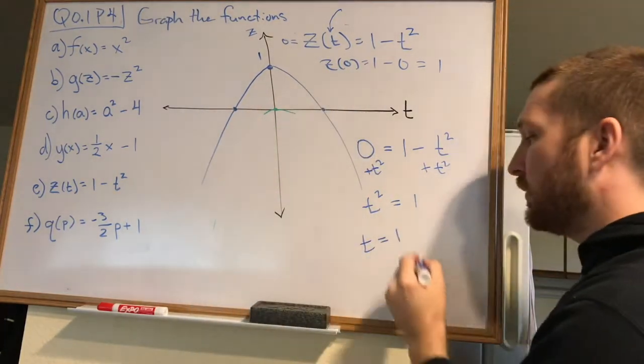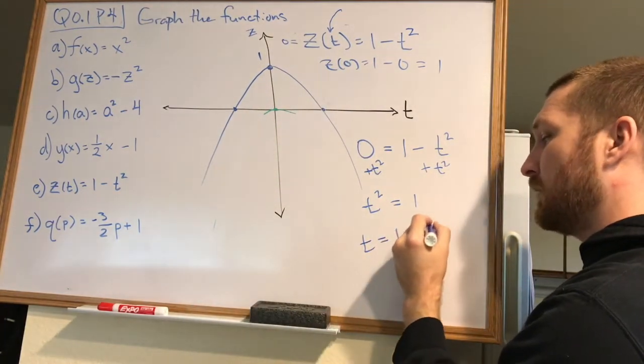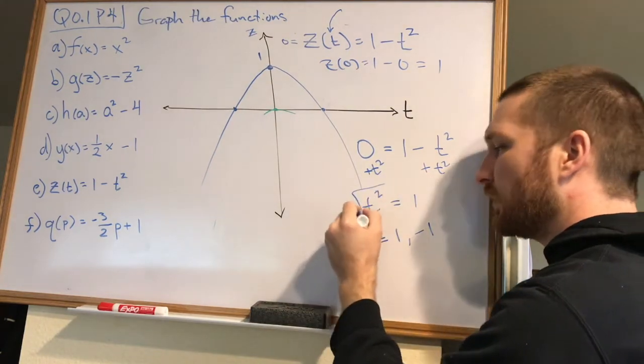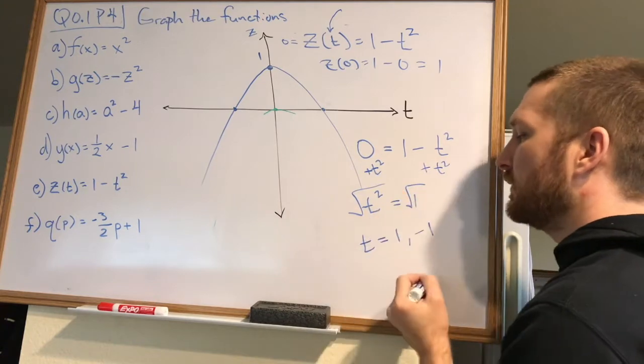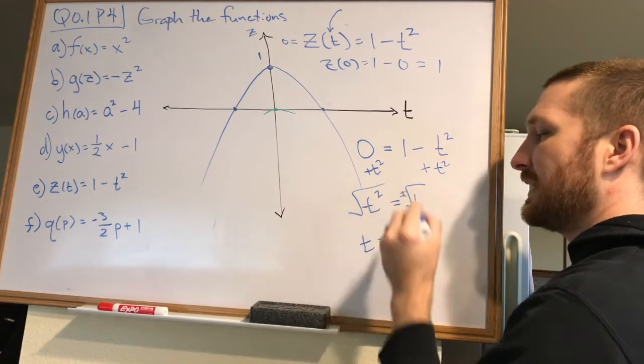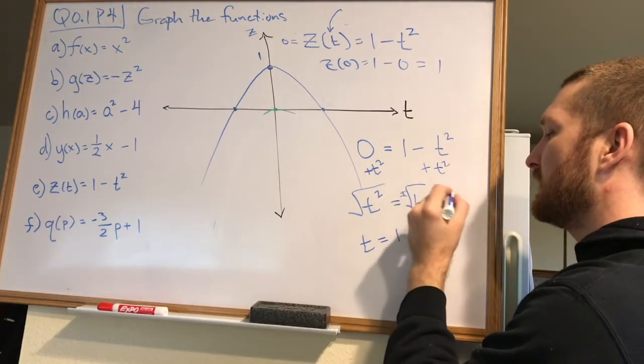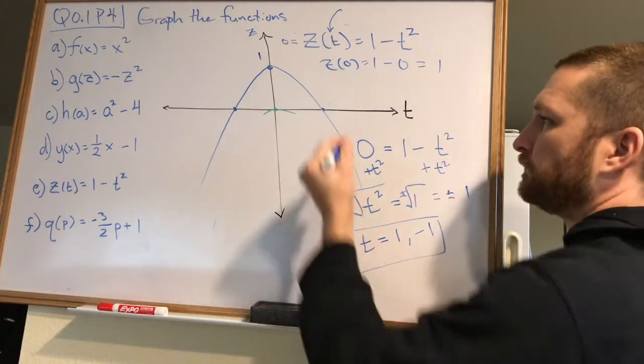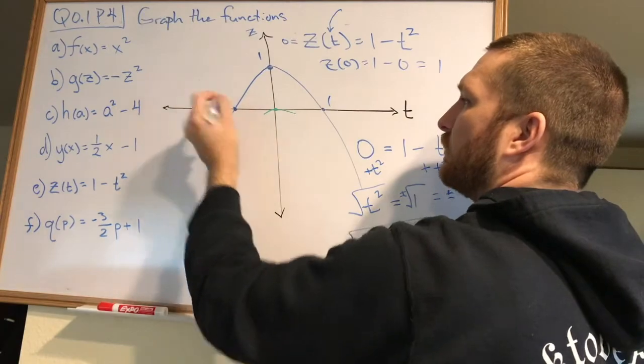And so we get both negative 1 and 1. We could do that deliberately by taking the square root of both sides. You take the square root of a number, you actually get a plus and a minus, and so you get plus minus the square root of 1, which is 1, and there you go. 1 and negative 1.